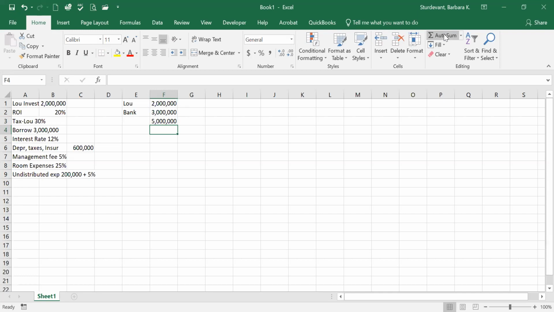Okay, since they're putting money in this project, they both expect to get something out of the project. And this is part of your fixed cost. You can always figure out what the owner gets, and what it's going to cost you to borrow money. So we're putting together all of our fixed costs.